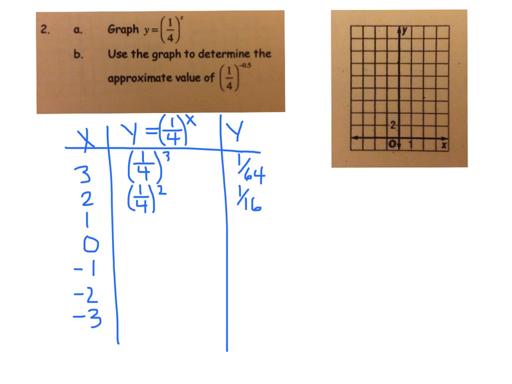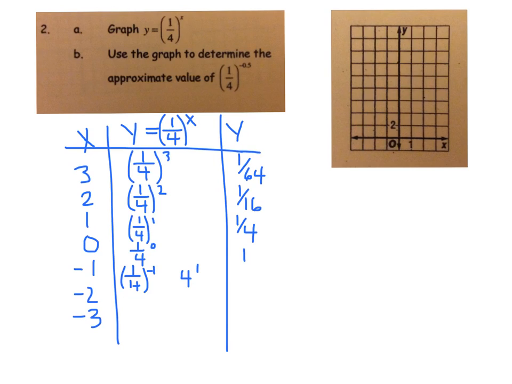Continue on your own if you need to, or continue with me, however you feel comfortable. So 1/4 to the first power is again 1/4. And then 1/4 to the 0 power is 1, because anything to the 0 power is 1. Now when we do 1/4 to the negative 1, remember we have to take the reciprocal.